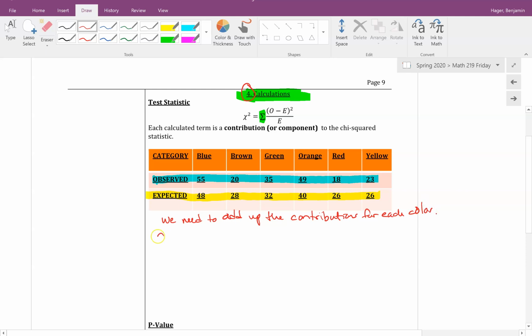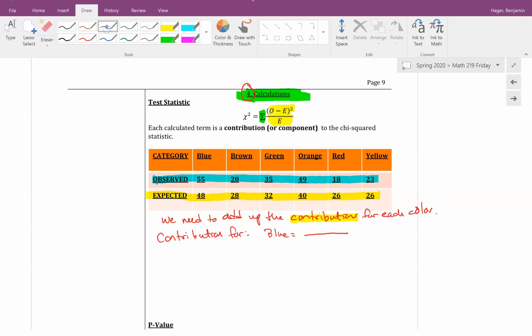So the contribution for, let's say, blue. Again, this is the general form of your contribution right there. Each one of those is my contribution.